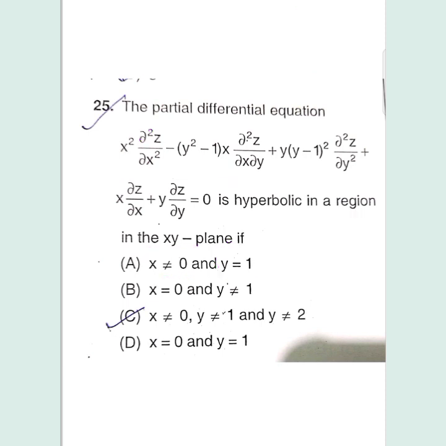To check whether any given partial differential equation is hyperbolic or not, we just have to check whether b square minus 4ac is greater than 0.